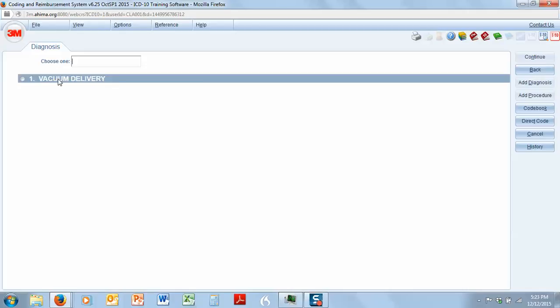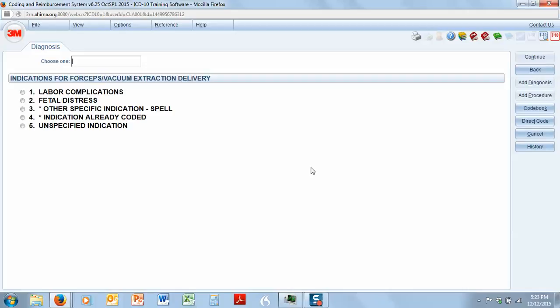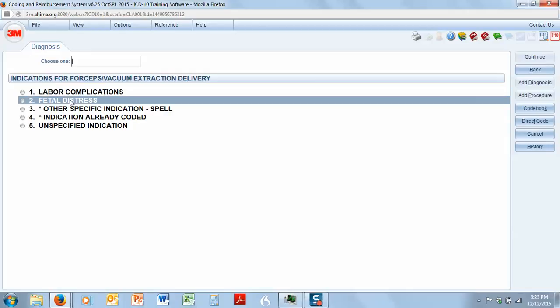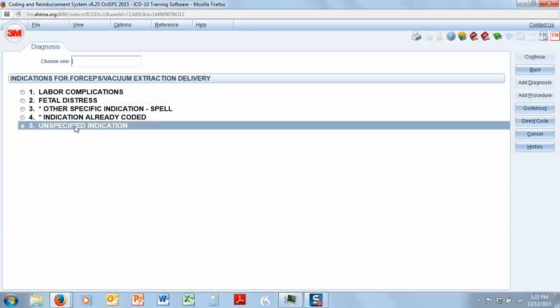So I'm going to choose that. Now, we don't know why. We don't know if she was not able to push any longer or if there was some type of complication there. We don't know if the child was in stress, the fetus was in distress, and they needed to get it out faster than she could do it alone. We don't know. So we're going to say unspecified indication.